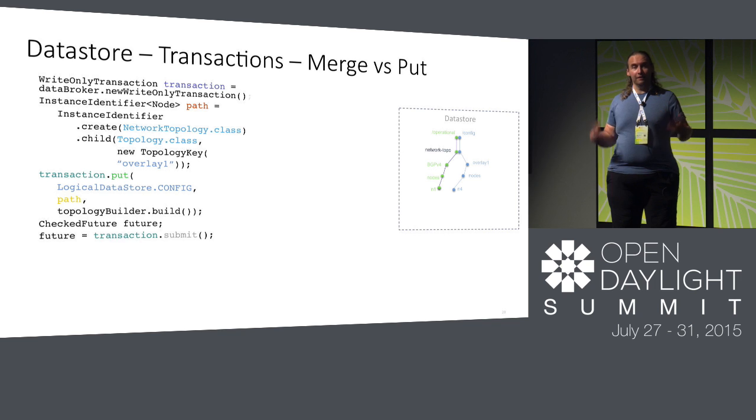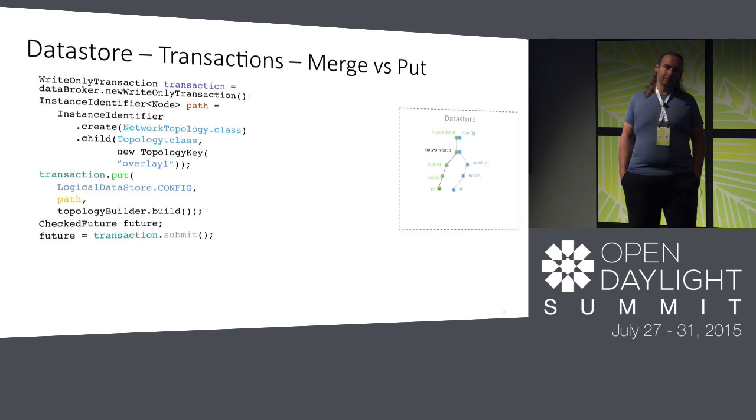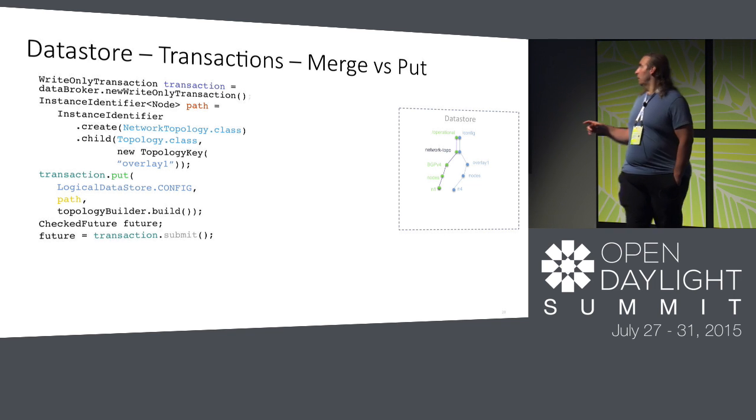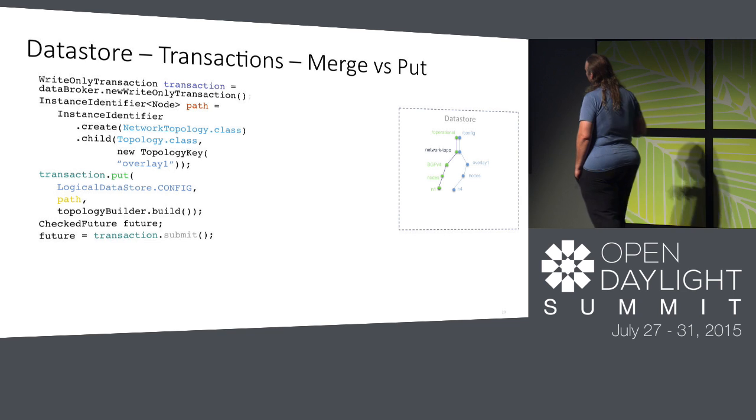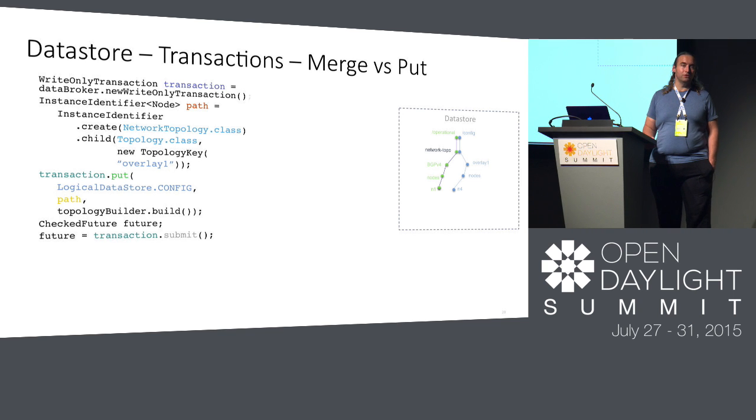Config and operational, yes. You can have puts and merges to both sides. A particular put and a particular merge is only to one logical data store. But you'll see that the put contains the logical data store that it's associated with.